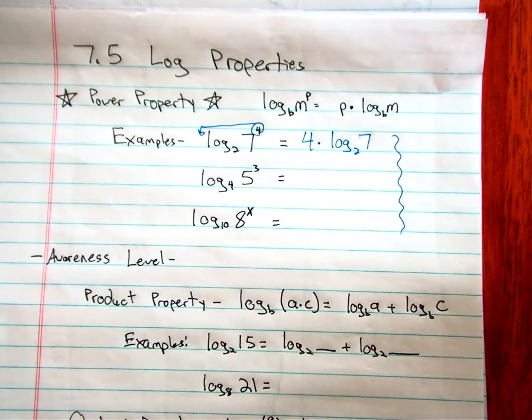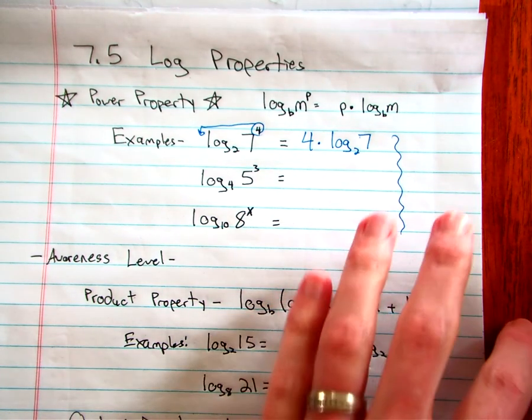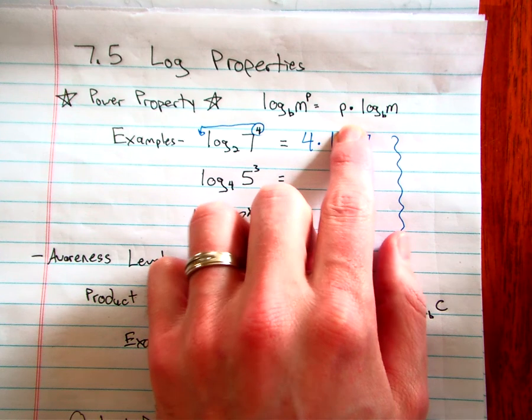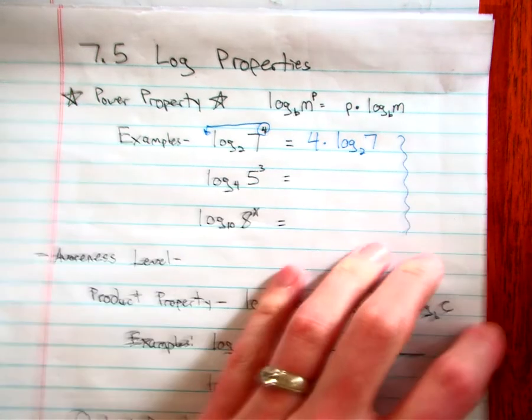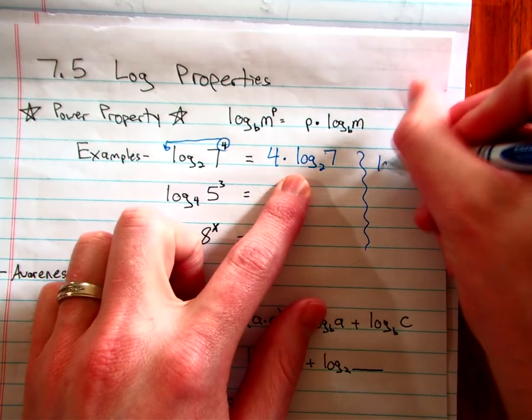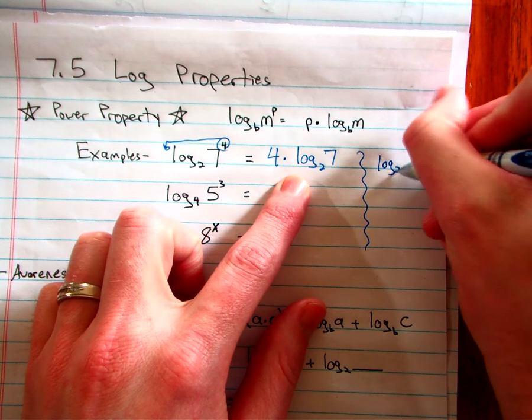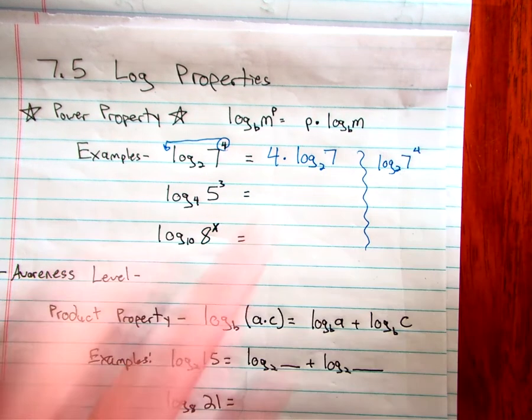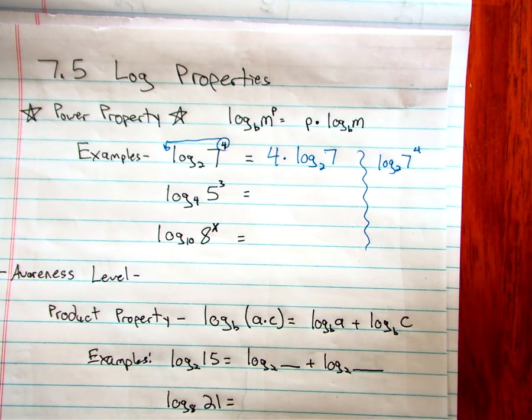And similarly, it could go in reverse. If you have a multiplier in the front of a log, it can go up on top as an exponent. So I could go in reverse, and bring it back up on top.